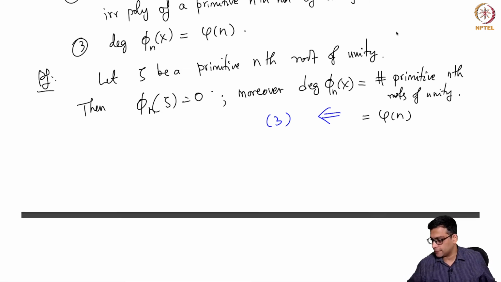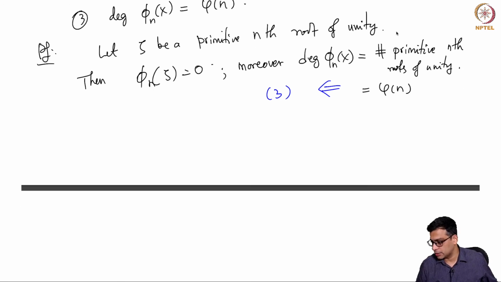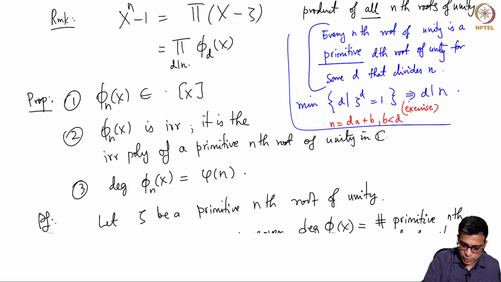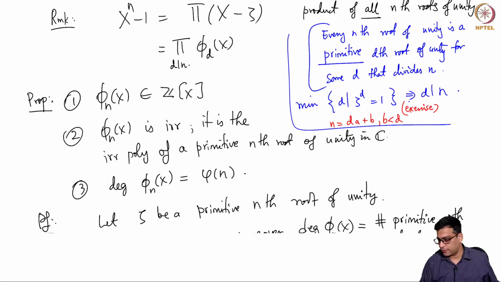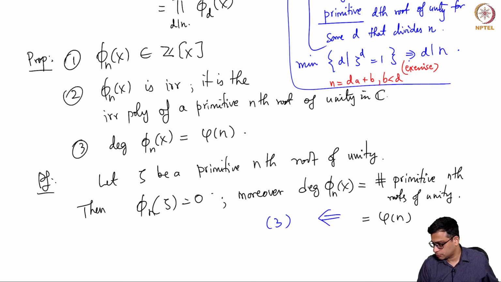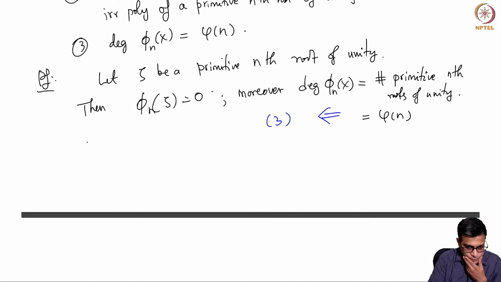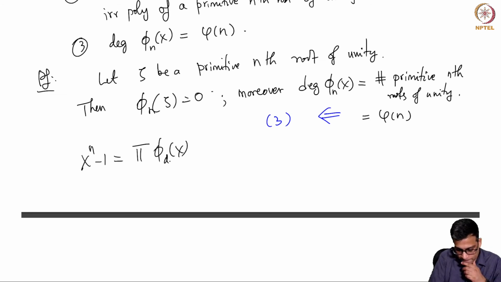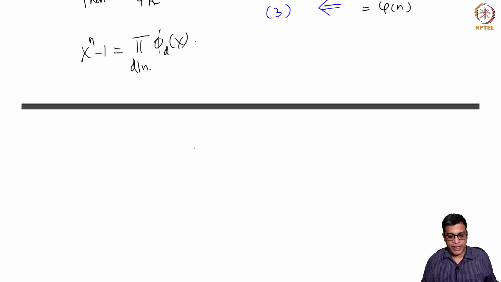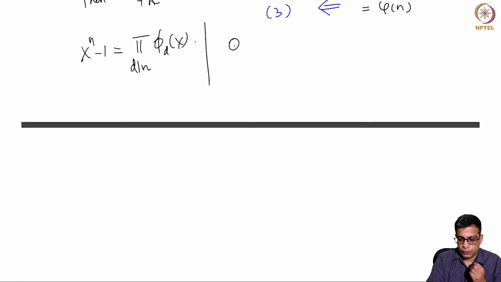Now I claim that it is in Z[x] in fact. So let me correct this. It is in fact an integer polynomial. Okay. So why is that? So note that x^n minus 1 is the product of phi d for d dividing n. So let's play around with this. We know phi 1 is an integer polynomial because this is x minus 1.